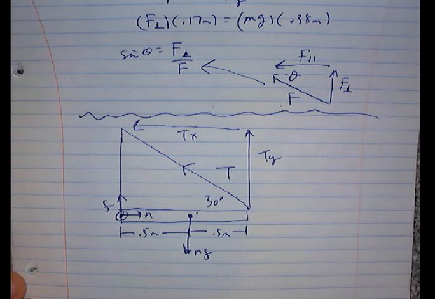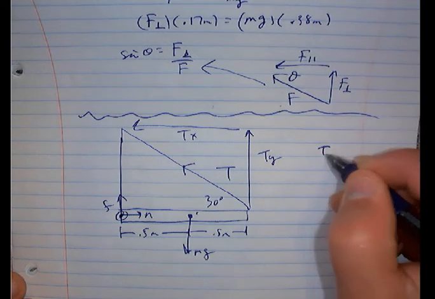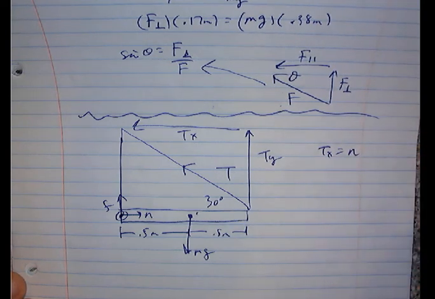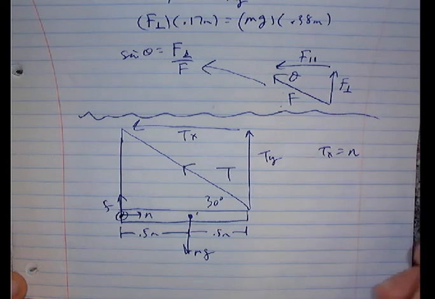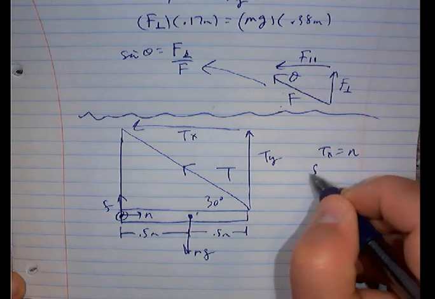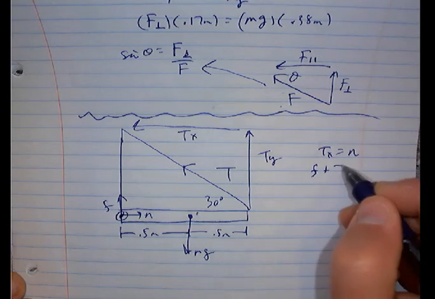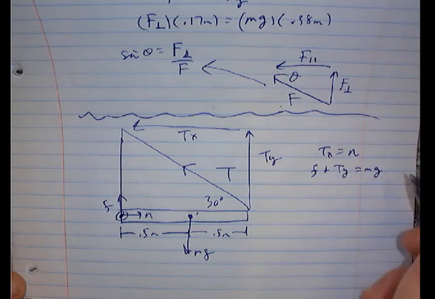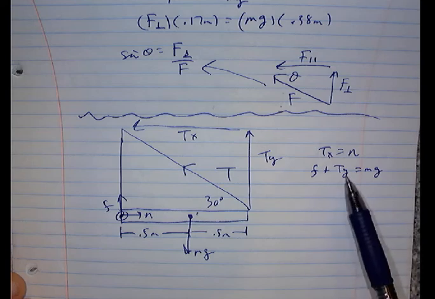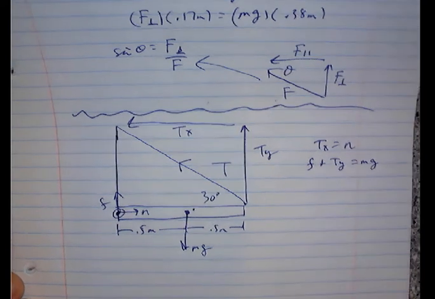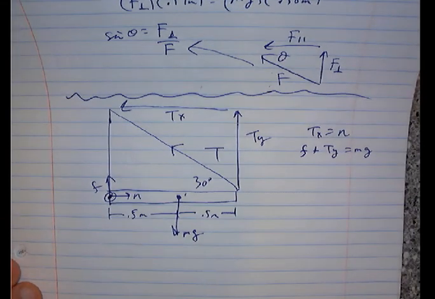So if I just tried to do this with forces, it would be difficult. Tx is equal to the normal force, but I don't know either of those. That's just looking at horizontal forces. Vertically, friction plus Ty is equal to mg. So I can't get Ty this way because I don't know the frictional forces. So just trying to do this problem with forces at this point is impossible.